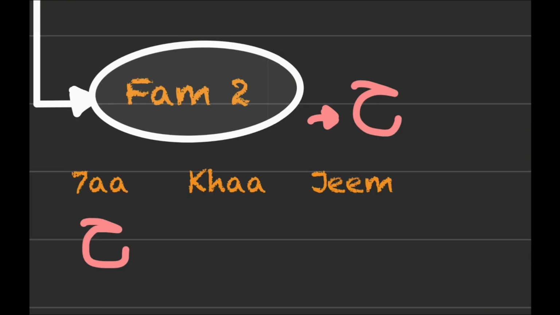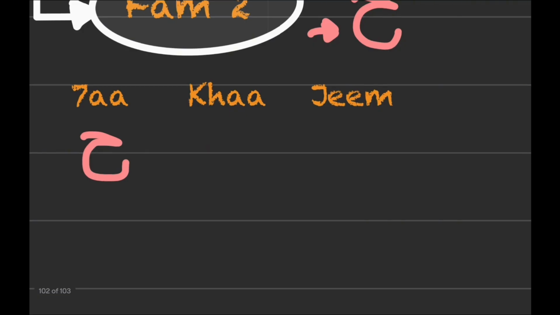We don't make any change. Now for this letter, I see some books write it down like this in order to make you pronounce it. And that's not true. This doesn't make the sound of ha.